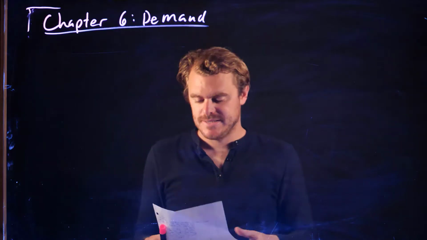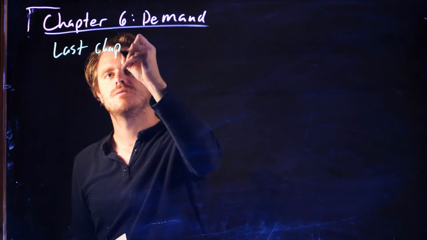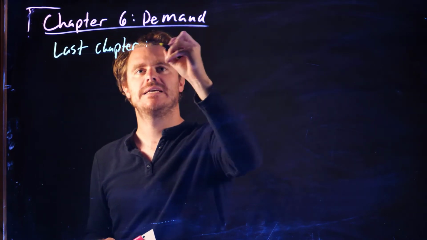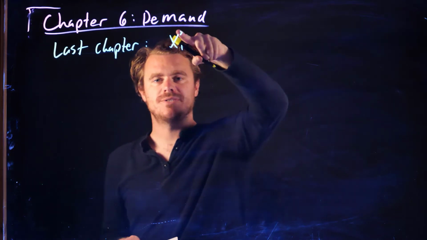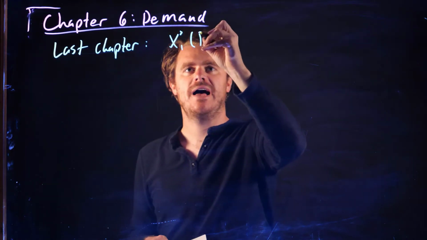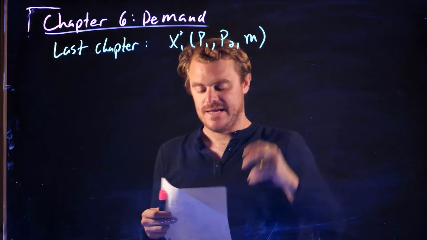About demand. If you remember last chapter, what we learned about is these demand functions. We found the optimal amount of good one as a function of the price of good one, the price of good two, and income.